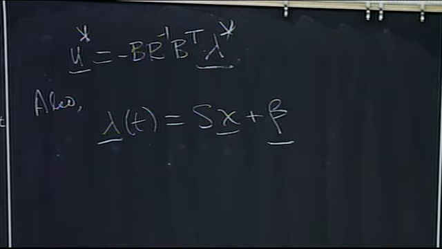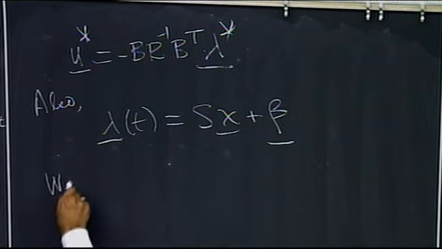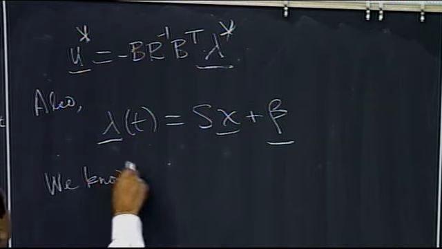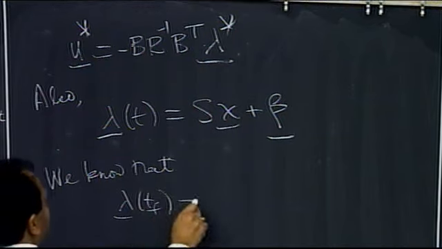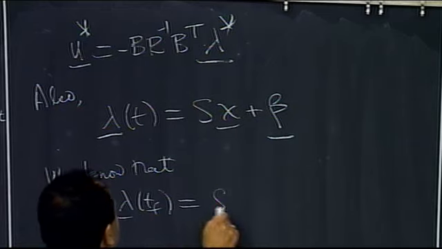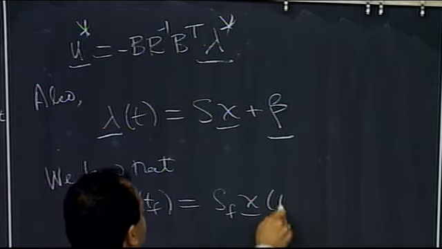Now, the one thing that I want to go through in a little bit more detail, because I'm not sure that this was necessarily completely clear, is that we know that lambda at TF is equal to SF times X at TF.